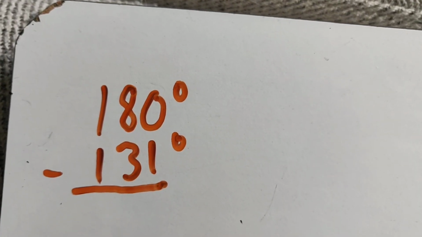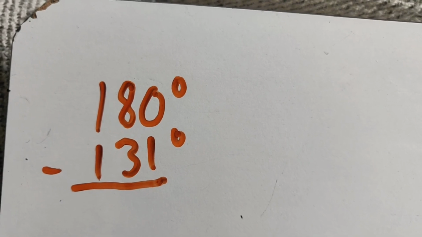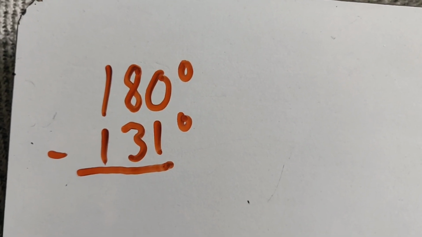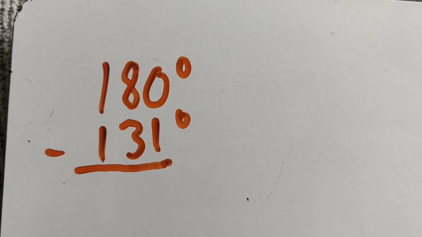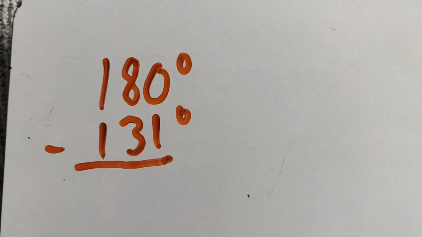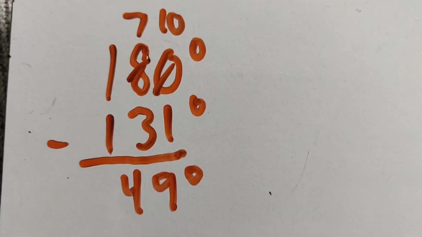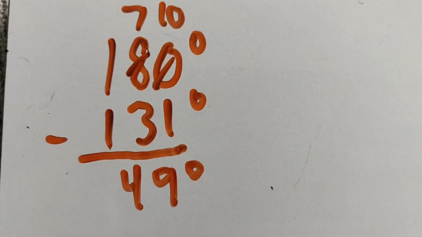So when I subtract that 131 degrees from 180 degrees, I'll find the value of the angle that we've been asked to figure out. When I subtract 131 degrees from 180 degrees, I'm left with 49 degrees, which is the value of the missing angle.